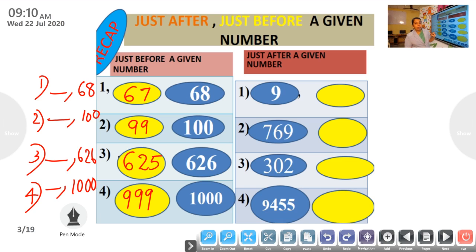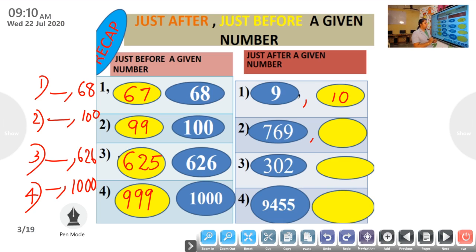The number just after a given number. Write the first question 1. 9 dash. The number comes after 9 is 10. Good. Then question number 2. 769 comma dash.